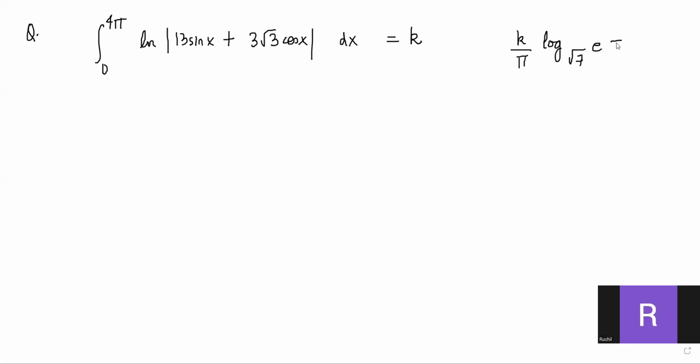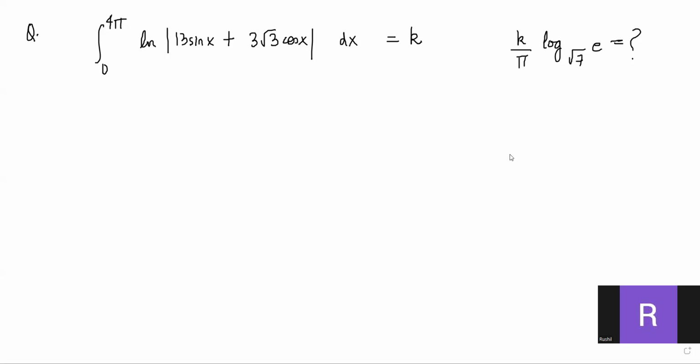This one is integral 0 to 4 pi ln 13 sin x plus 3 root 3 cos x dx is k. You have to find k by pi log root 7 e, right?